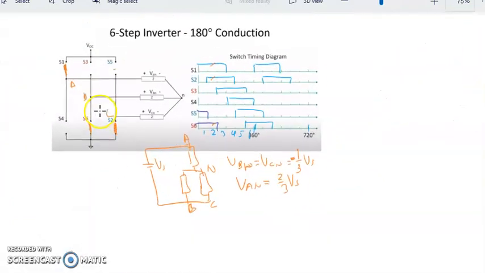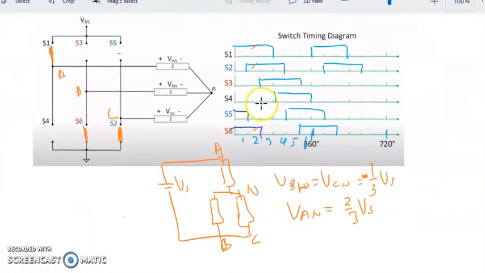So if we take a look at this graph again, 1, 2 and 3, and 1 just now is mode number 2. Now we go for mode number 3. So for mode number 3, 1, 2 and 3. The other are all off.